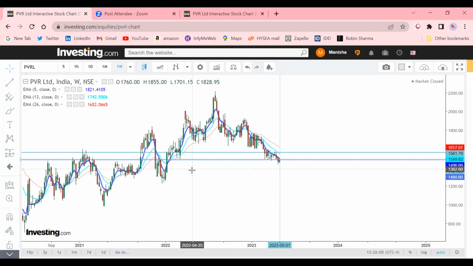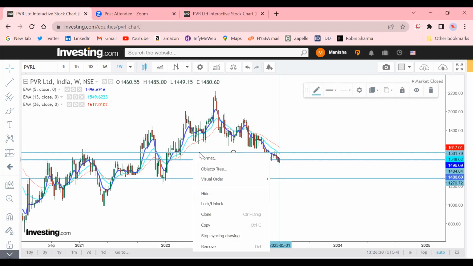That will be your clear support, somewhere where it is touching again, maybe three lines together. The first one you can put a little below the first green candle.